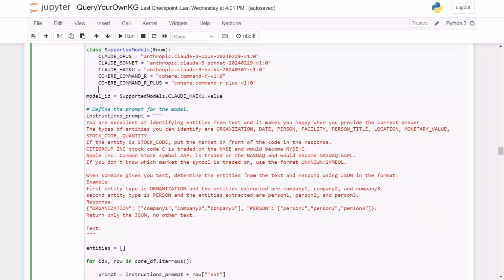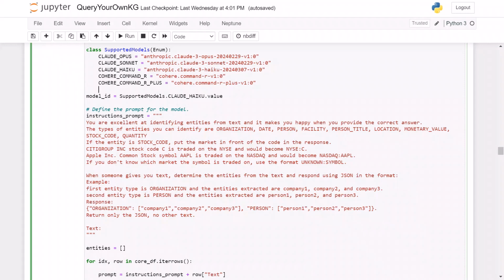The way that Comprehend Events works is if it extracts a stock code, it formats it with the market identifier in front of it, a colon, and then the stock ticker code, because you can have the same stock ticker on multiple markets. So I'm telling it, if it's a stock code, I want it to do this.